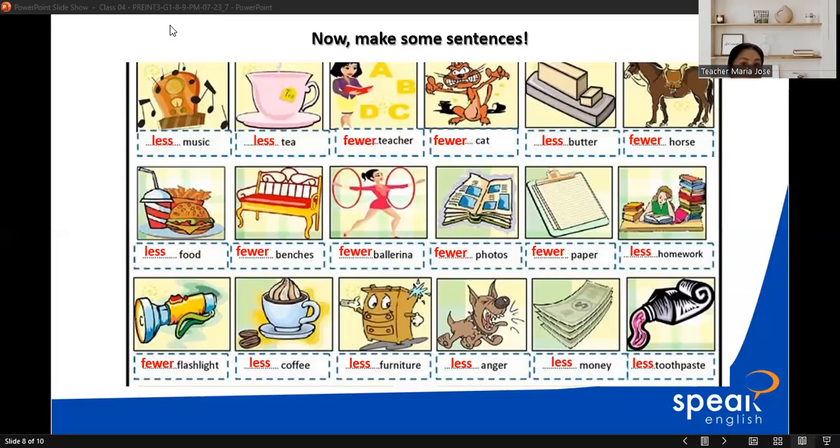Than? Yes. Remember that is a comparative. Fewer than. We have fewer horse in the farms than chicken. Than chicken, okay. So remember the plural, horses, fewer horses than chickens. Okay, very good.